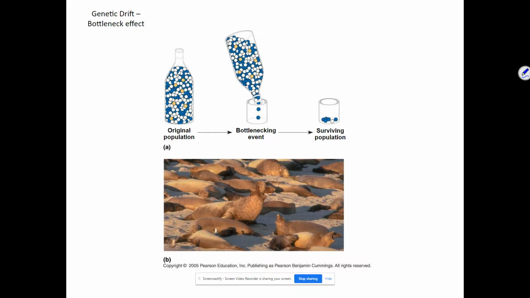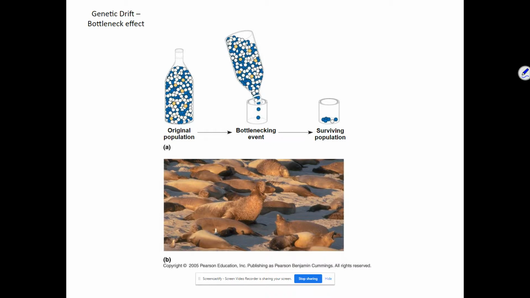And the ones that survive, it's just random. Even though a certain set, for instance white in the beads, may have been the best adapted, now white is very small in the population because of a random event. And so this is bottlenecking: when a population is decreased significantly and a random sampling of that population exists afterwards.